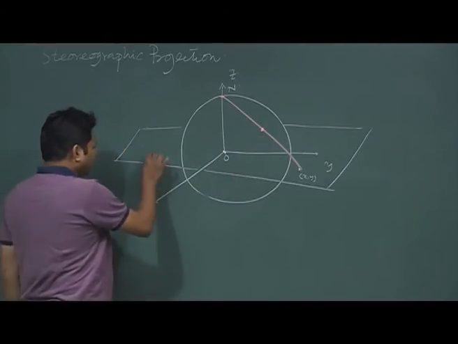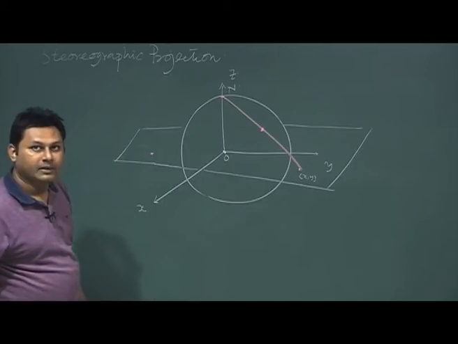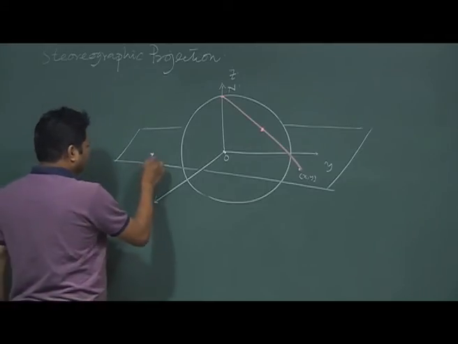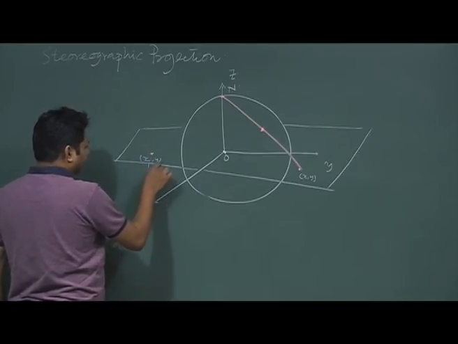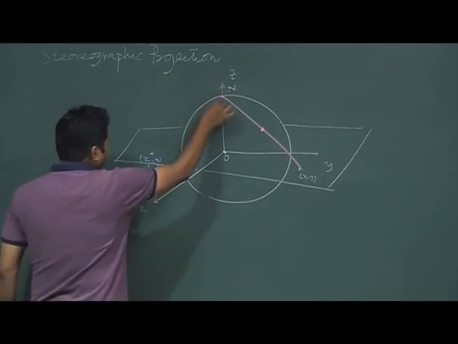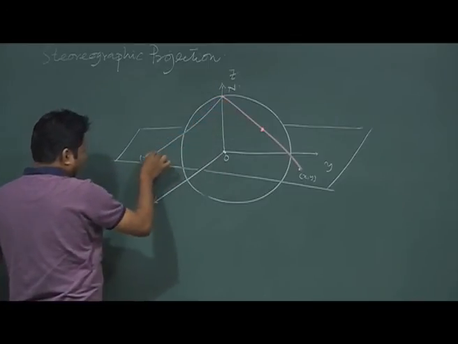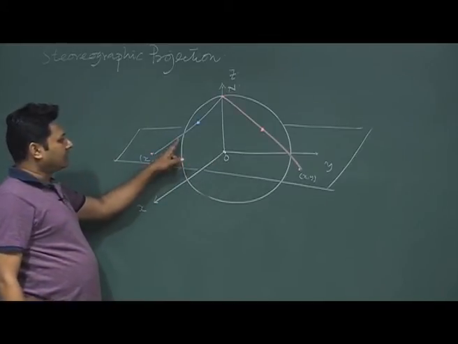In a similar way, if I have some point here, again xy, some x1 y1, say a different point, so that is why I put a different name. Again if I draw this from here to here, it will cut some point on the sphere.